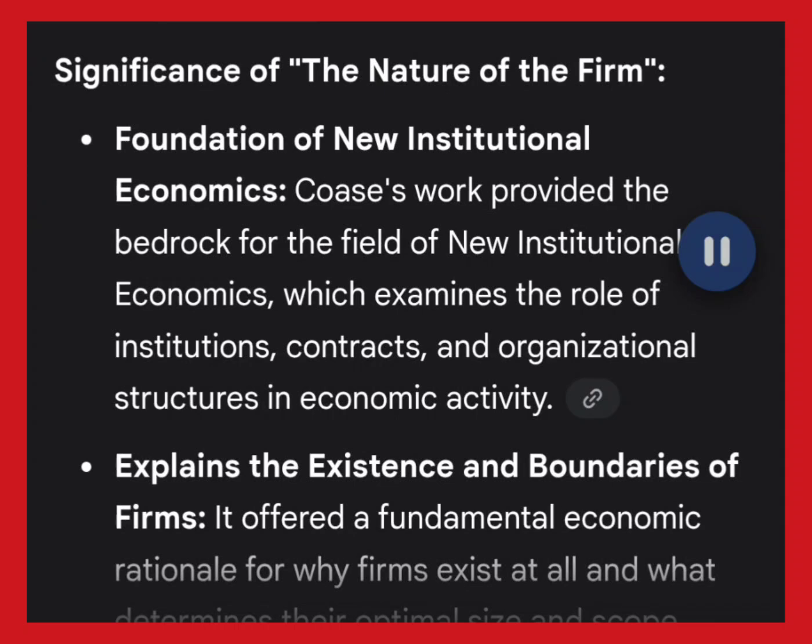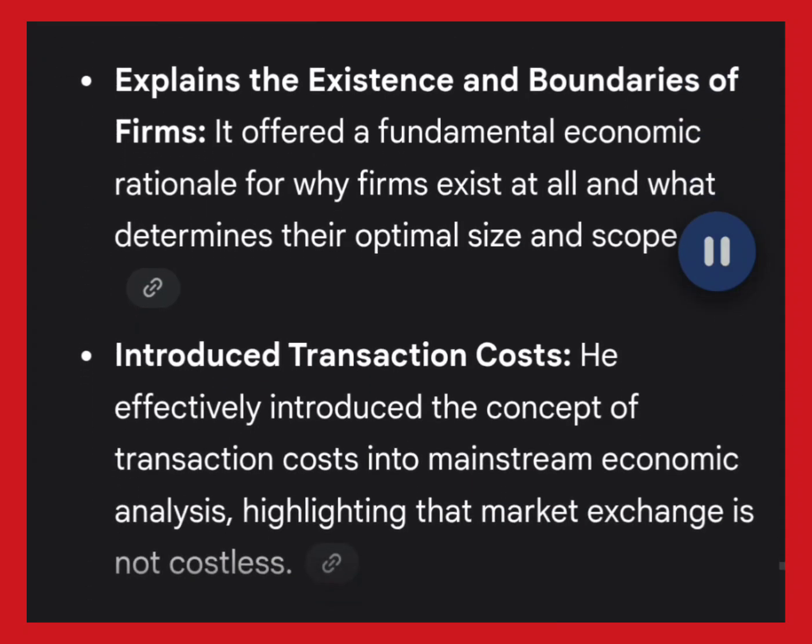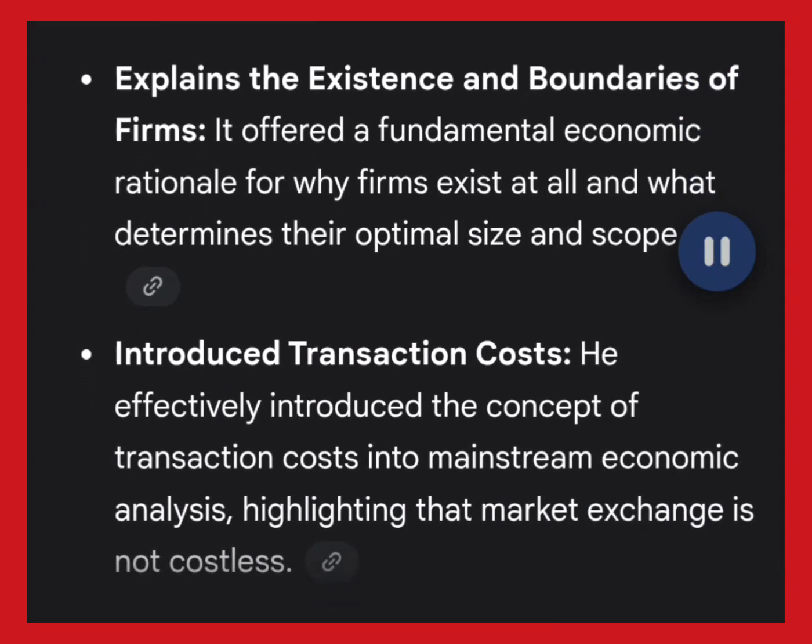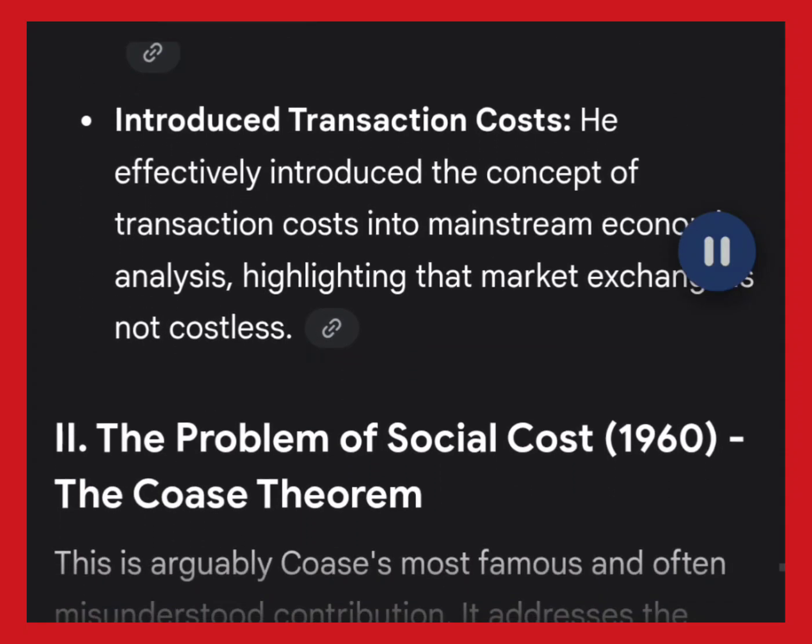Explains the existence and boundaries of firms: it offered a fundamental economic rationale for why firms exist at all and what determines their optimal size and scope. Introduced transaction costs: he effectively introduced the concept of transaction costs into mainstream economic analysis, highlighting that market exchange is not costless.